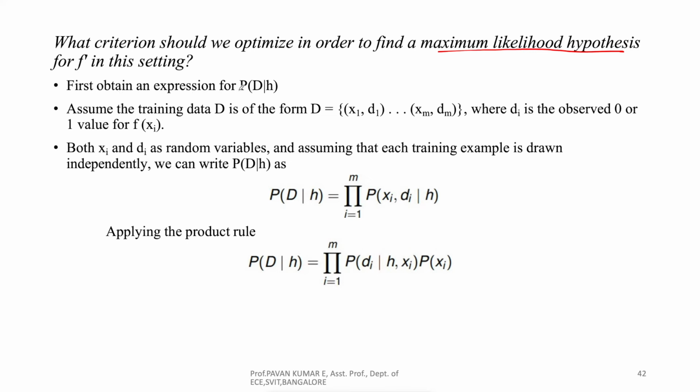First, obtain an expression for P of D given hypothesis H. Second step, you are going to assume that the training data D is of the form D with all these parameters, where Di is the observed 0 or 1. What is the D value representing here? The D value is representing the observed 0 or 1 value for f of xi.